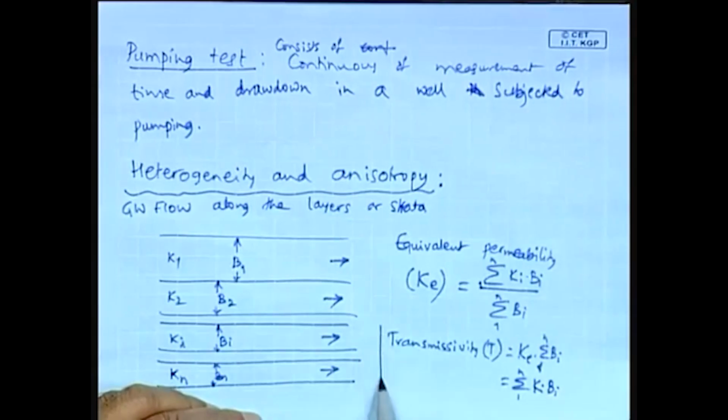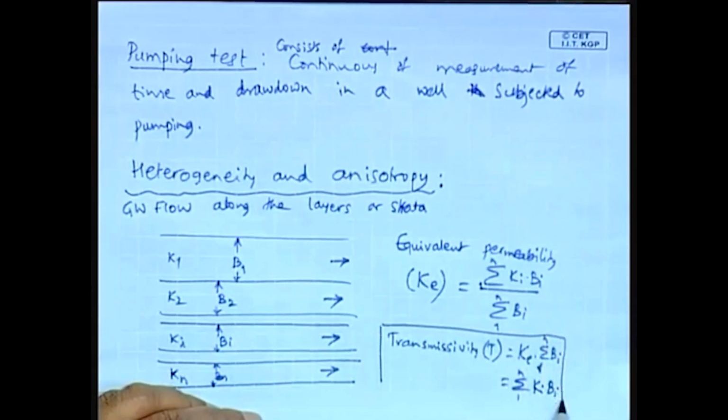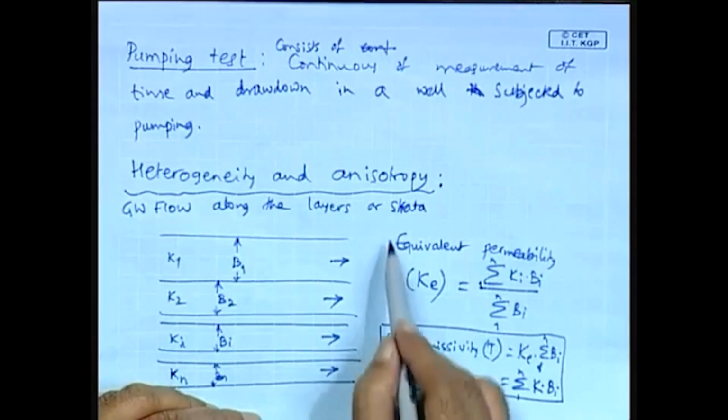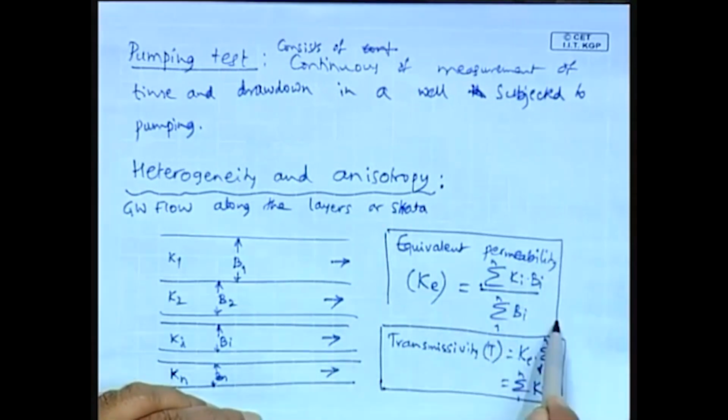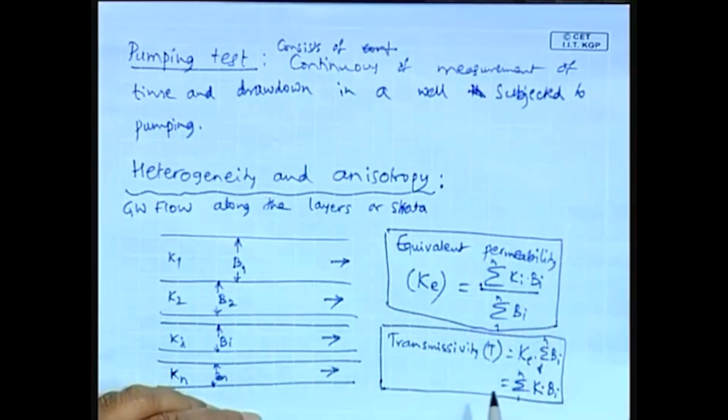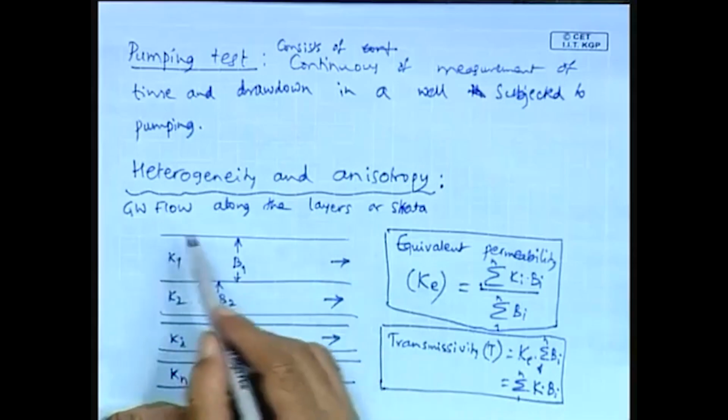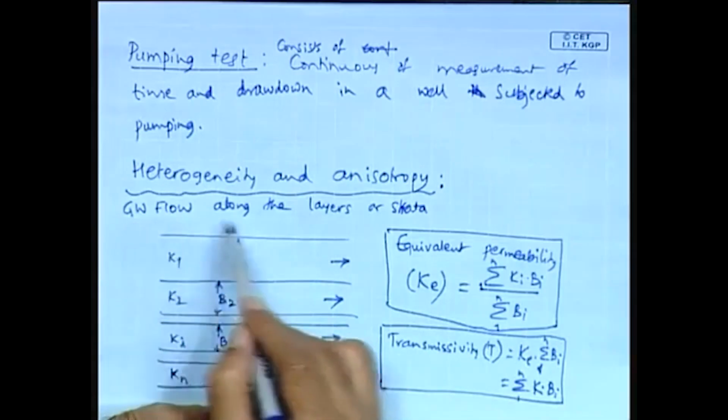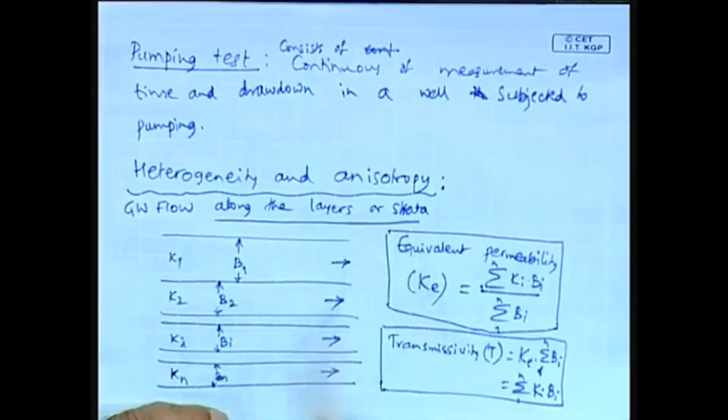Okay, so this is the expression for transmissivity, and this is the expression for the equivalent permeability, when the groundwater flow is along the layers or strata.